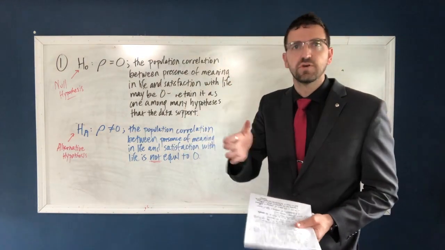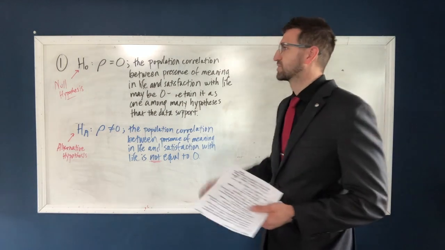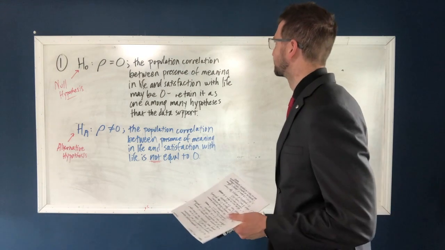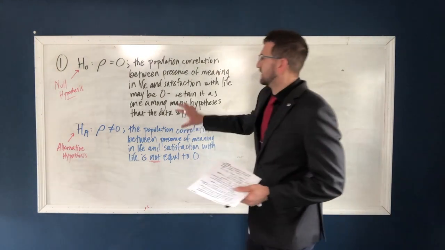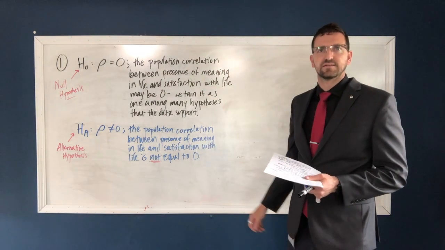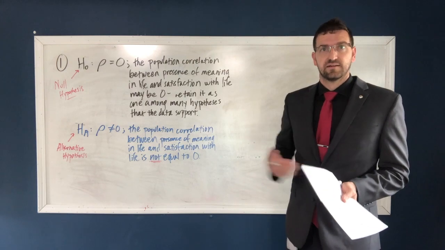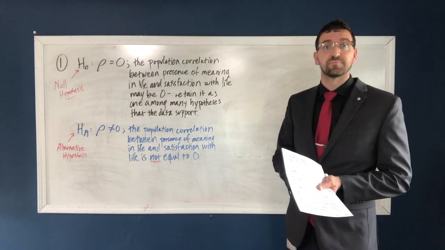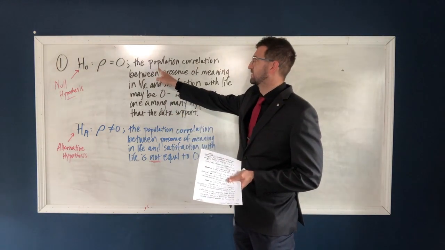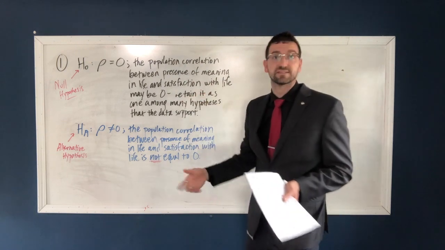So this is what we're doing when we're dealing with a sample correlation, and we're trying to make a statement about the population. Your answer is either one of these. Based on our sample data, we can make the following statements about the population. Either rho equals 0, the population correlation between presence of meaning in life and satisfaction with life may be 0.